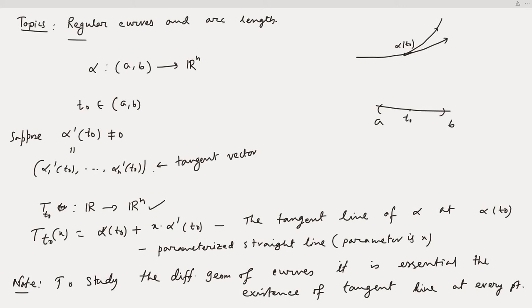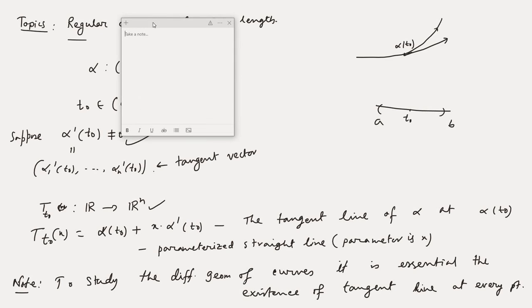When it exists, if this is not equal to 0, fine. We define a singular point as a point where the tangent vector is 0.